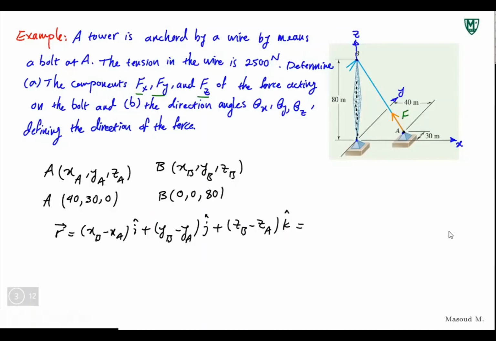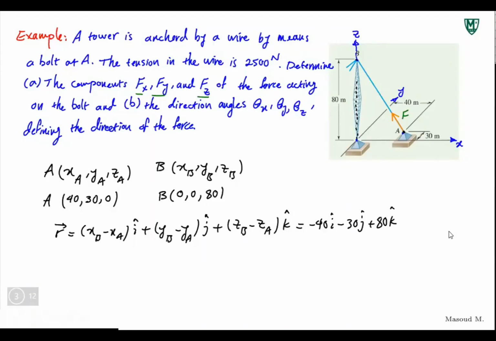So xB minus xA gives me minus 40 i in the x direction, obviously. yB minus yA gives me minus 30 j. And then we have zB minus zA, which is plus 80 k. So I got my vector from A to B, pointing from A to B.